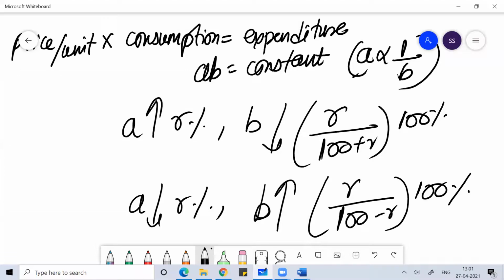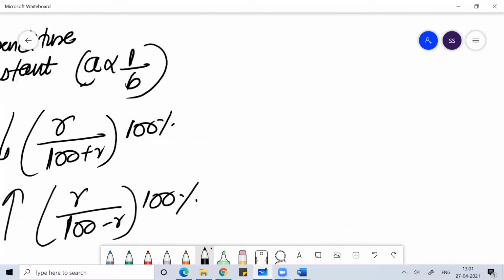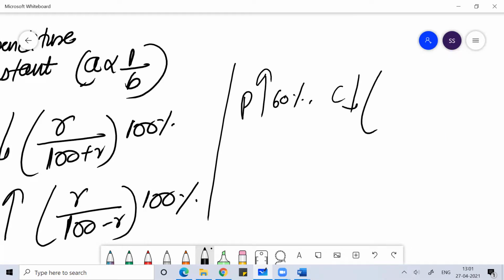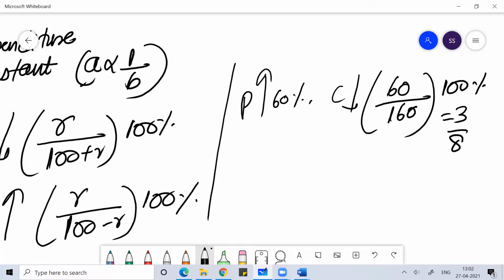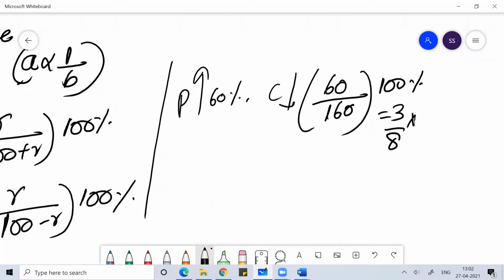So if the price increases by 60%, how much should the consumption decrease so that your expenditure does not change? You will get 3 by 8 into 100%, which is 37.5%.